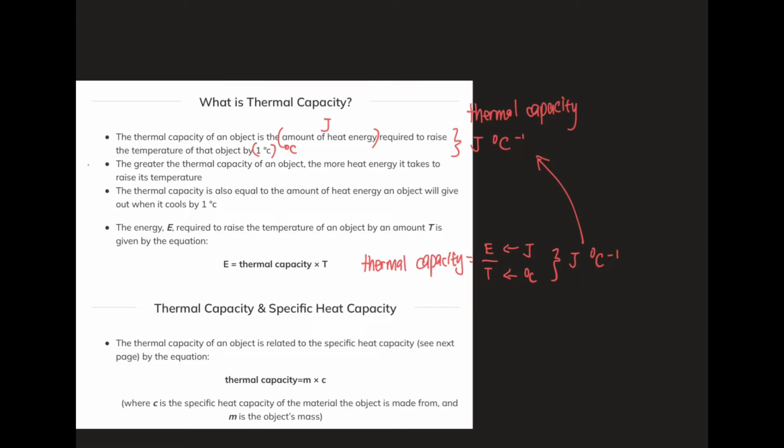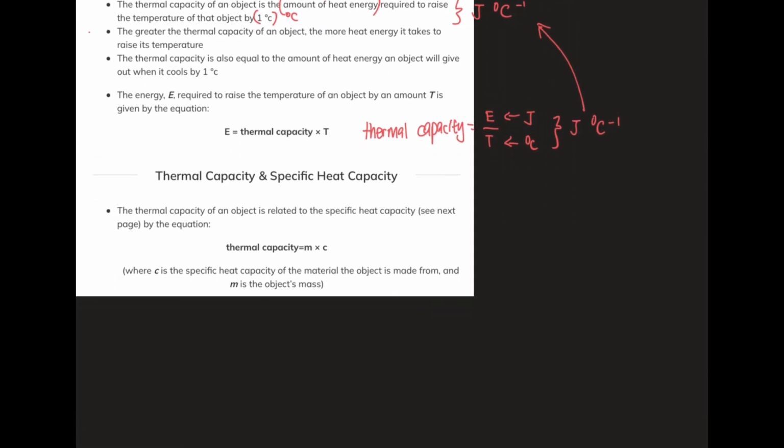Okay, now let's see the relationship between thermal capacity and specific heat capacity. So we have two different terms here. Both have capacity, but this is thermal capacity and this is specific heat capacity.